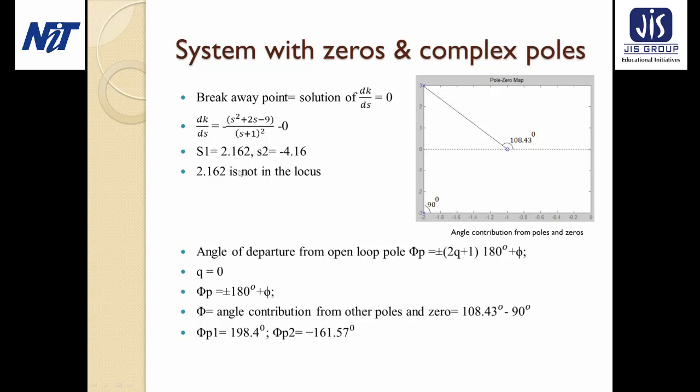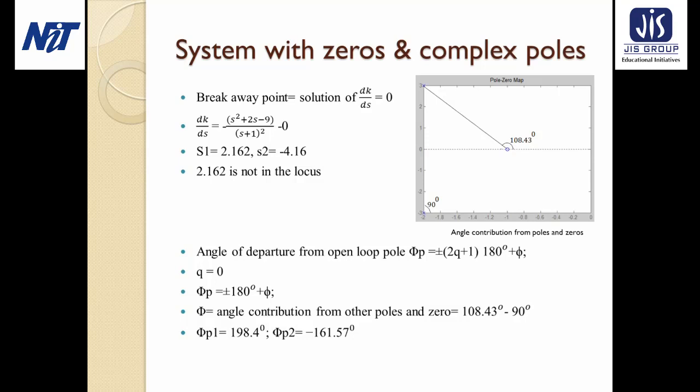Now this point 2.162 is located on the right hand side of the j omega axis. So hence this point is not in the locus, because minus 1 to infinity was in the locus, and any points outside the minus 1 to infinity were not in the locus.